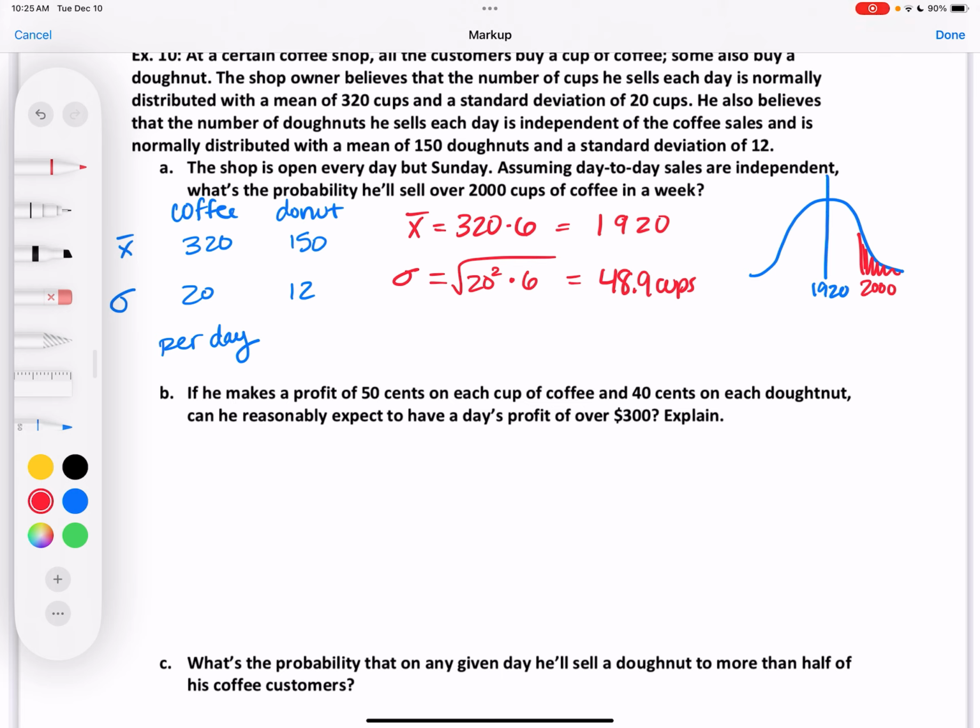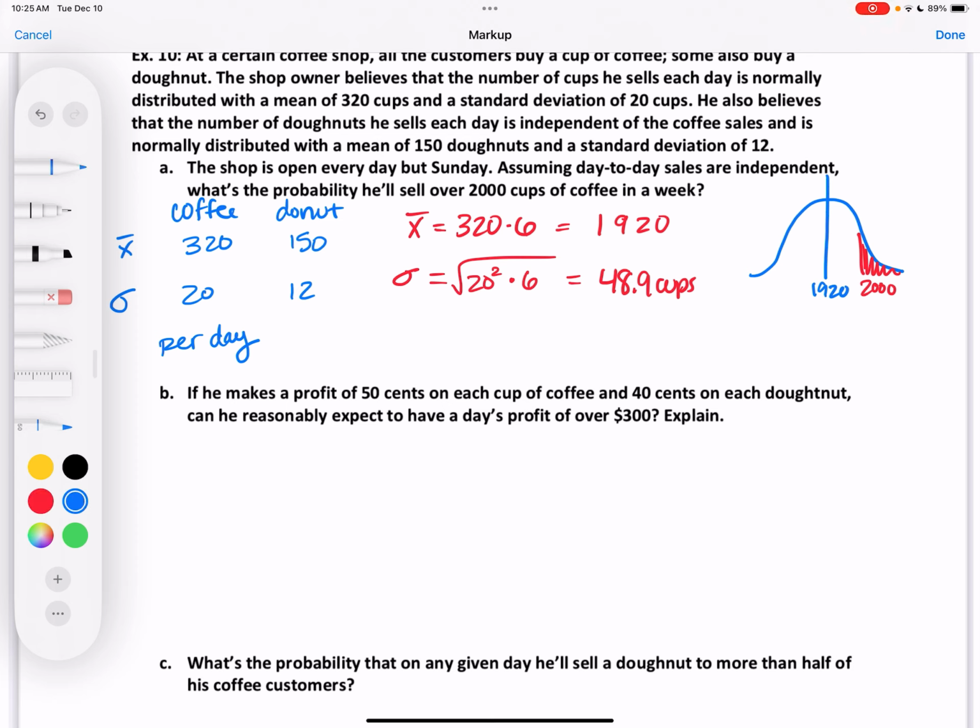So I need to find, so we can either find the z-score and do it as a completely normal model, or we can use these numbers and just change the mean and standard deviation when we do normal CDF.